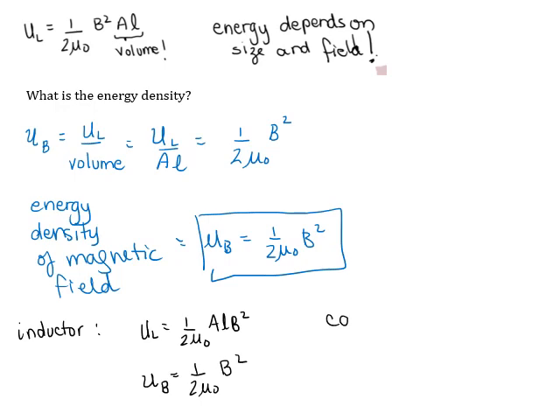Our results for a capacitor were all similar. The potential energy stored in the capacitor was 1/2 times C times delta V squared, and you could get alternate expressions just by using C equals Q over V. And the energy density stored in the electric field was 1/2 times epsilon naught times E squared.